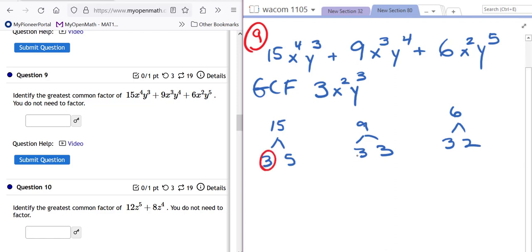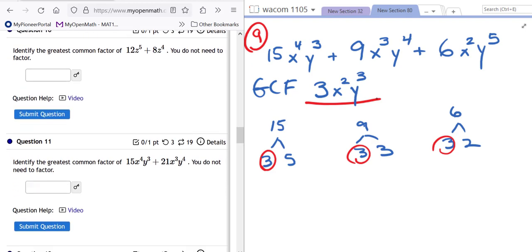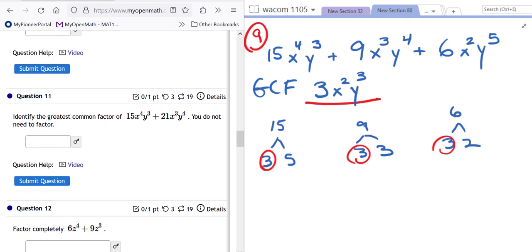So there is a 3 in each one, and that's all you can do. All right, so that just verifies for us. This is the answer. All right, so I think we're good with those kind. This one is just going to be similar. And I don't think we need to do that many more of those.